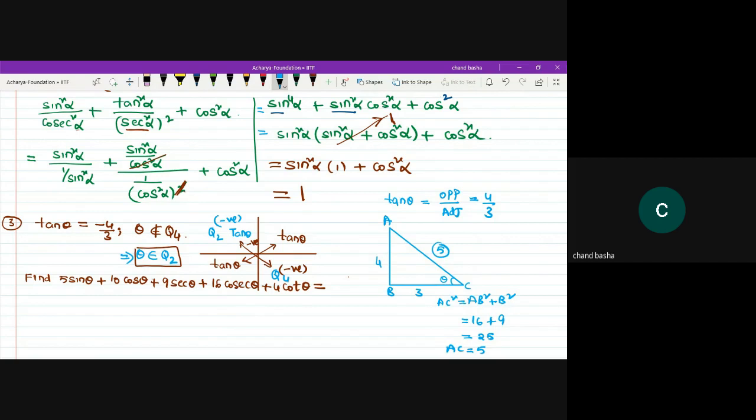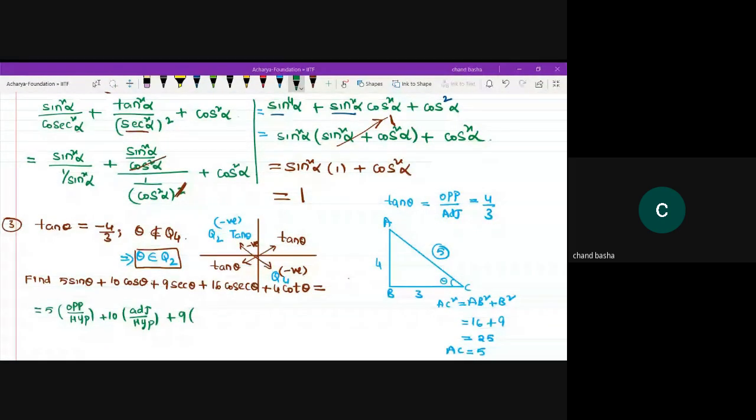5 into what is meant by sin theta? Opposite side divided by hypotenuse. What is meant by cos theta? Adjacent side divided by hypotenuse. Plus 9 into sec theta.